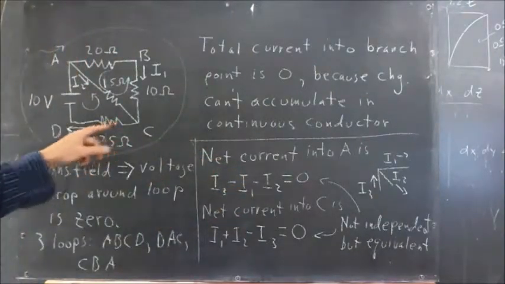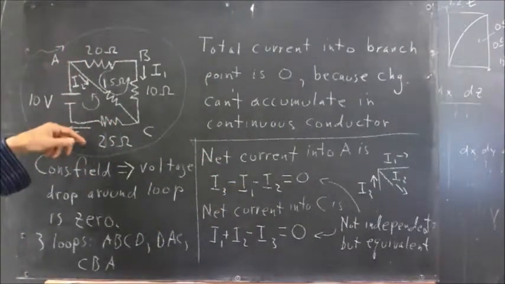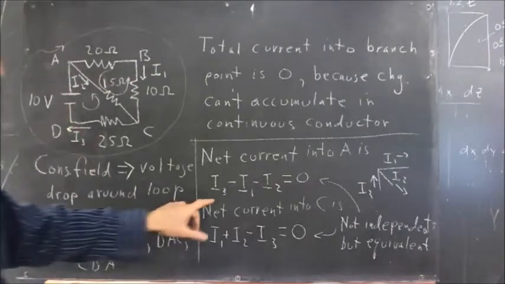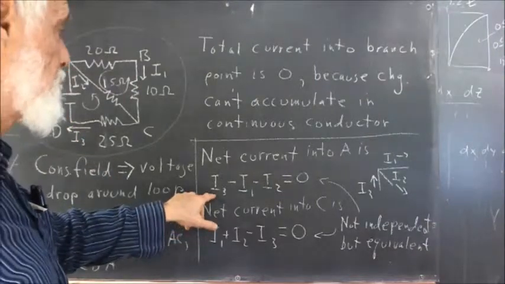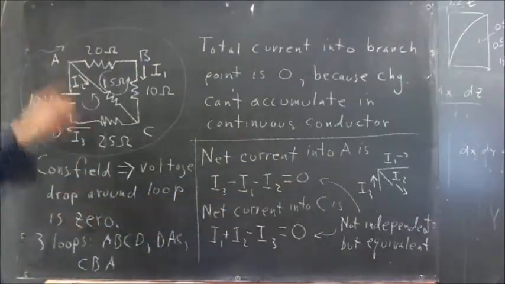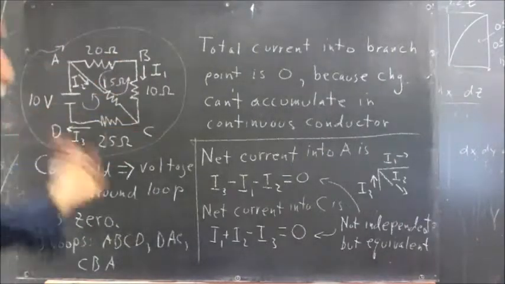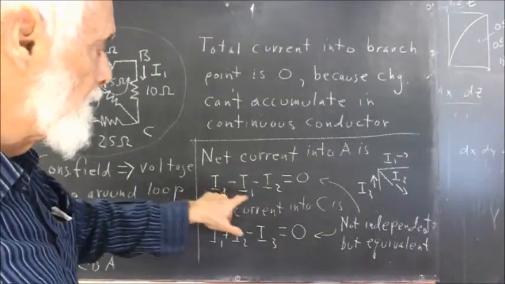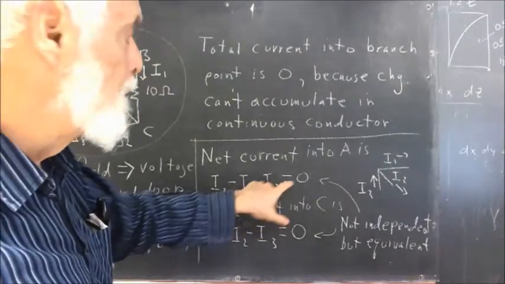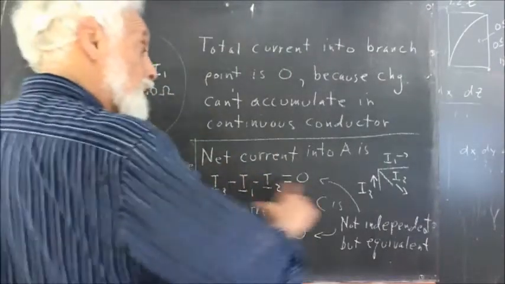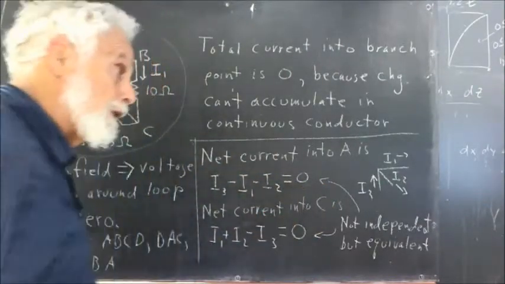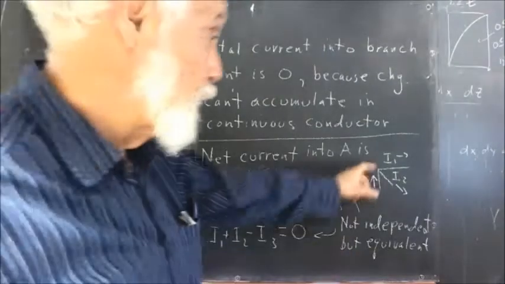From the directions, I3 comes into A, so I3 is part of the net current into A. But I1 and I2 go out of A, so we have to subtract them. So it's I3 minus I1 minus I2. That's the net current into A, and it's equal to 0, again, because current can't accumulate at A.